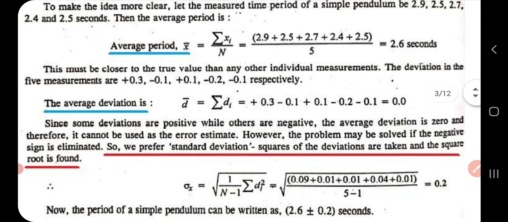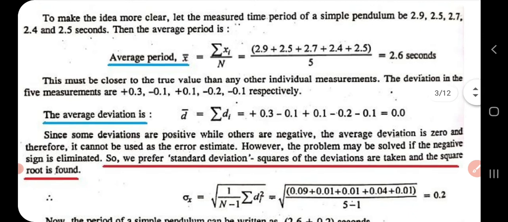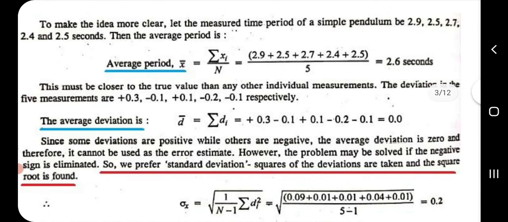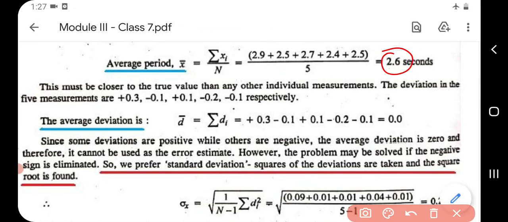Now their next aim is to find the average deviation. You got the x bar value as 2.6. In order to calculate the deviation, what was the formula?